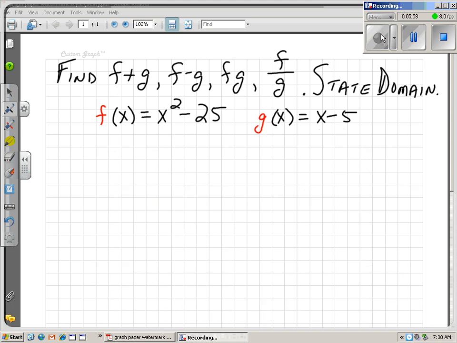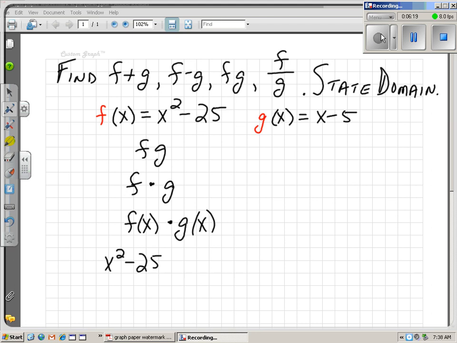All right, how about fg? Well, that just means f times g, which means f of x times g of x. What's f of x? F of x is x squared minus 25, that's this expression right here, times our g of x. What's g of x?